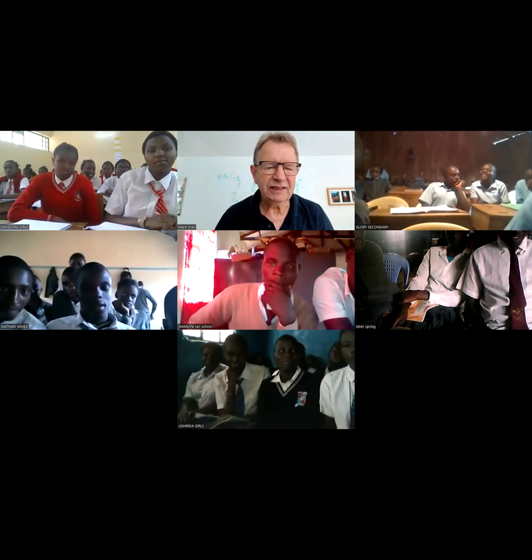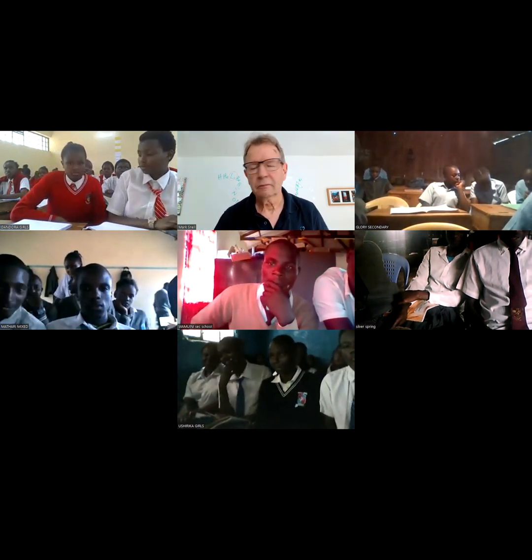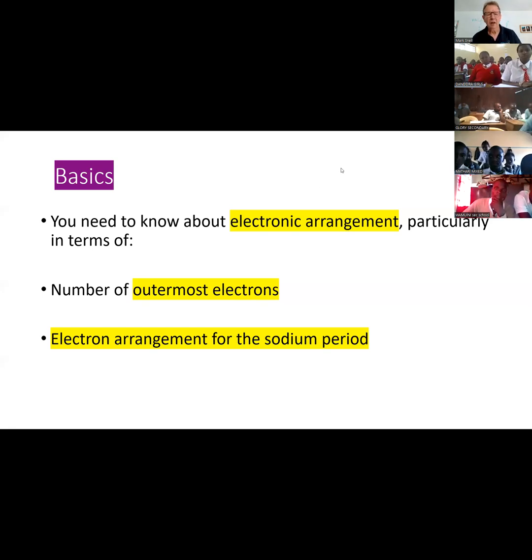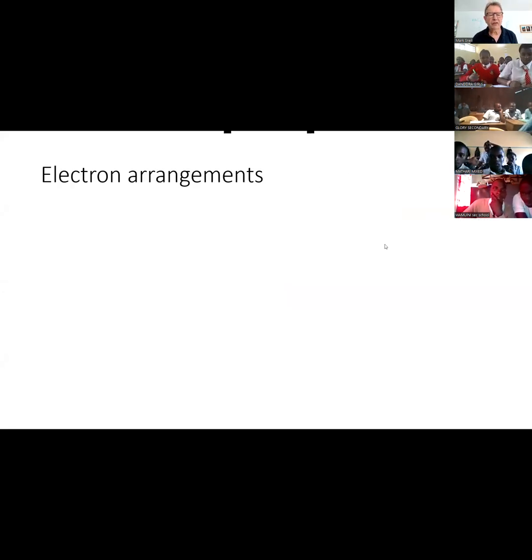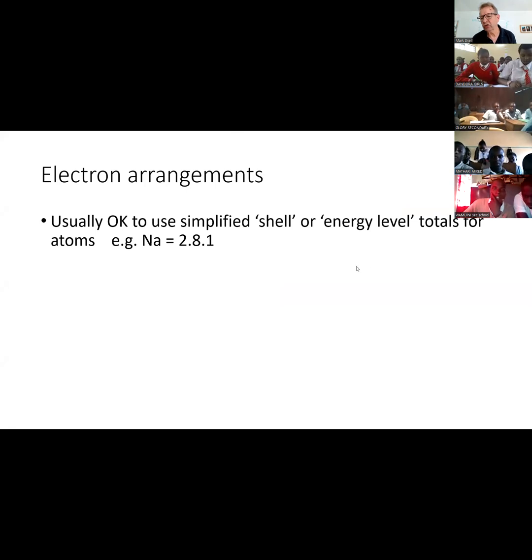So I'm going to go back to this. Electron arrangements, normally we'd put a full stop between the numbers. We're going to have a little test just to make sure you can. We would just use them as shells or energy levels.